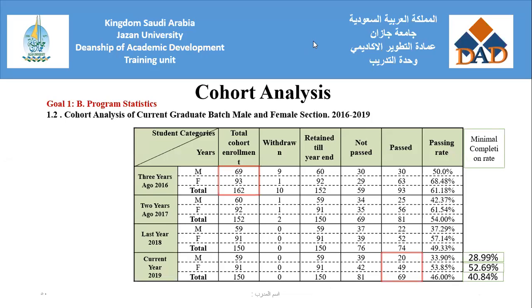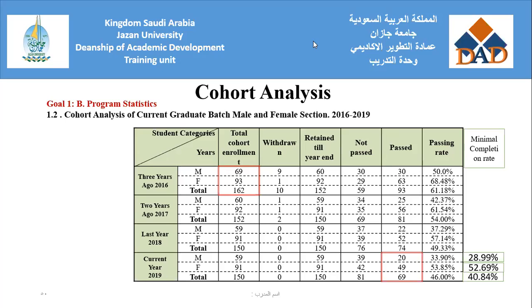What is the difference between retention and completion? Retention means continuing the program, whereas completion means he passed, maybe first year he passed or fourth year he passed, he graduated the course. Completion rate or graduation rate we calculated.